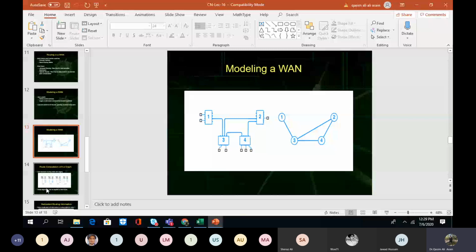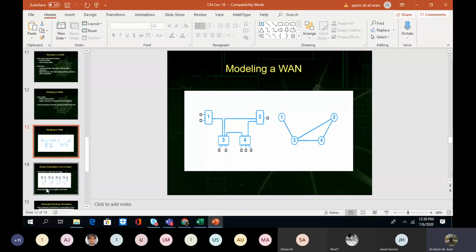It is very difficult to select what is the next hop for router 1, for router 3, for router 4. For that reason, we are going to design a graph that is called your network graph, right? That you can see in the same slide on the right hand side.